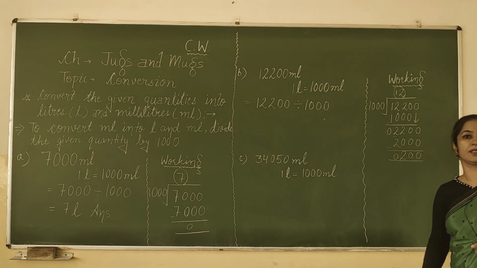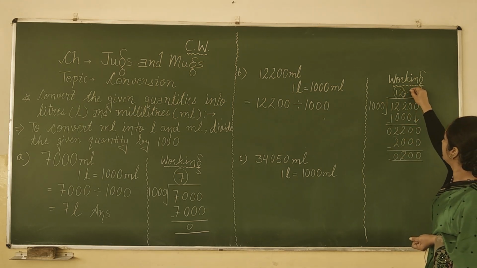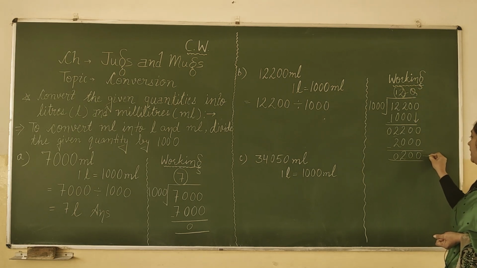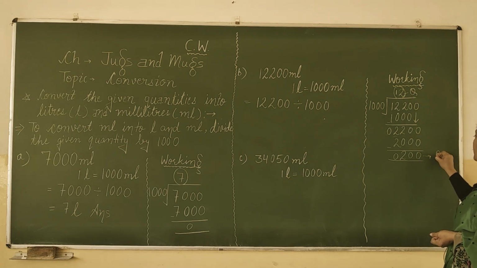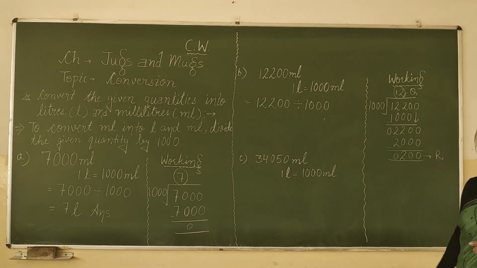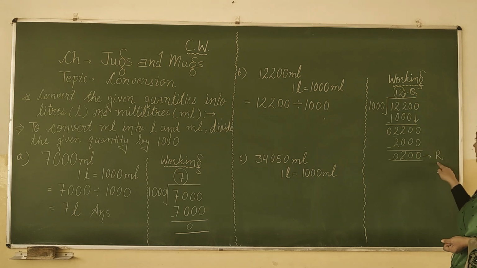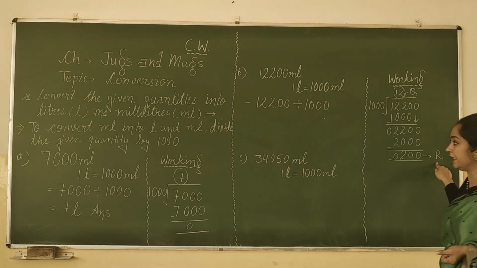In this question, our quotient is 12 and remainder is 200. So what will be our answer? The quotient will be our liters and the remainder will be our milliliters.